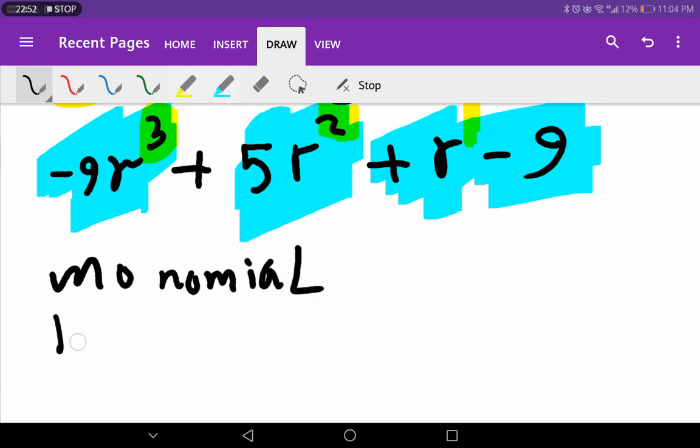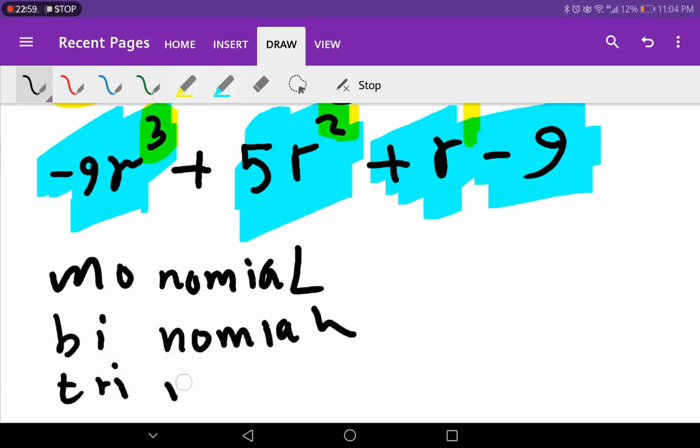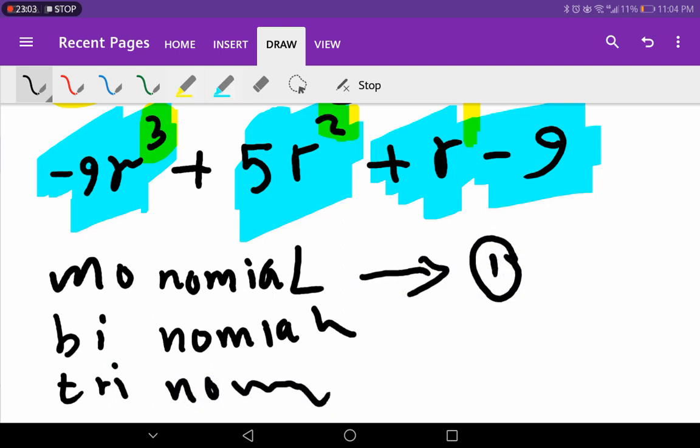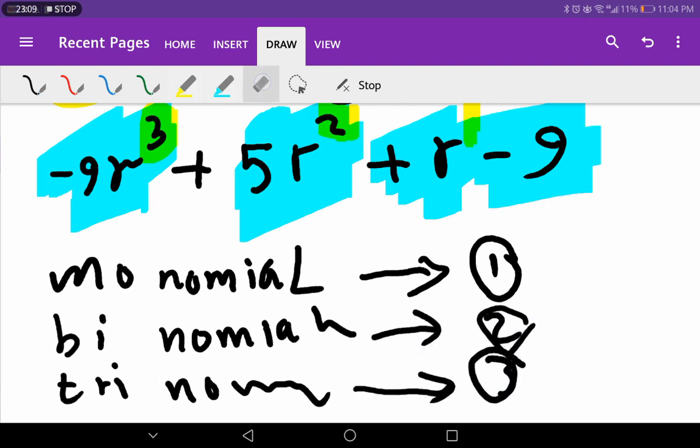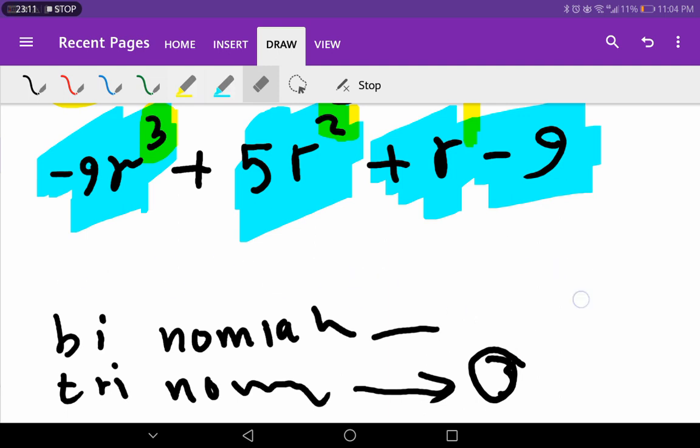It is not a binomial. It is not a trinomial. This means one term, I have 4, and this has 2, I here have 3 terms. None of them. So this is called a polynomial. Okay?